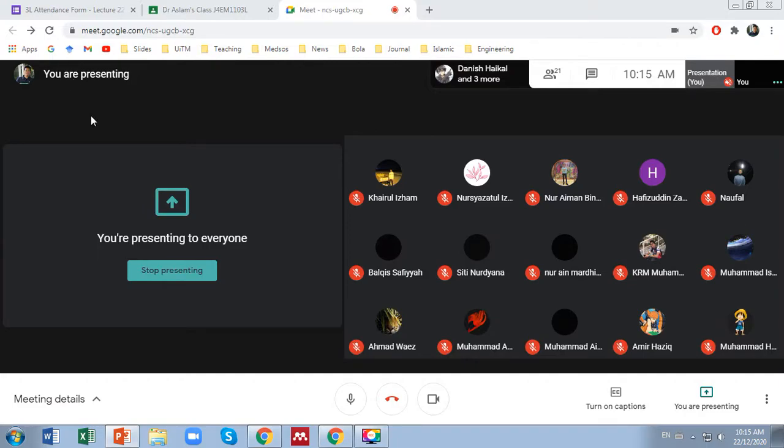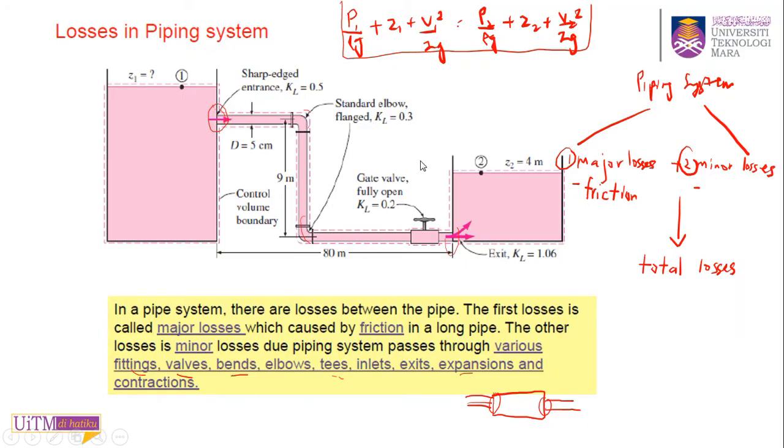Okay, so that's the general view of losses in a piping system. There are major losses from the friction and minor losses from the fittings and others, bends, entrance, exit. So we need to know how we can calculate the major losses and the minor losses.